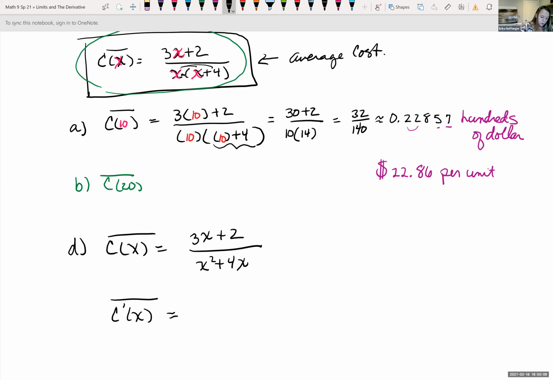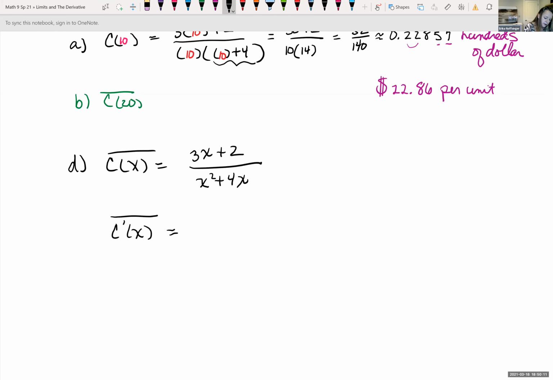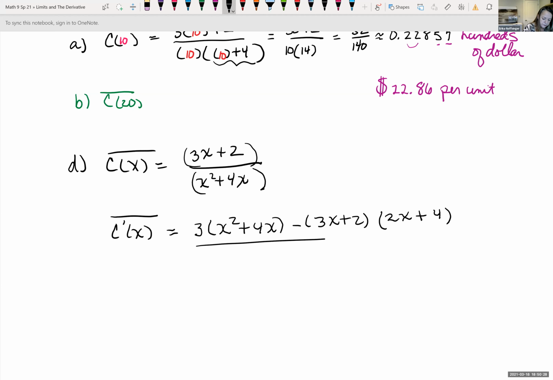We're going to use our quotient rule. So the derivative of the numerator, 3x plus 2, is just 3, all times the denominator, x squared plus 4x, minus the numerator, 3x plus 2, times the derivative of this denominator. So derivative of x squared is 2x, plus the derivative of 4x is 4, all over the denominator squared, x squared plus 4x, quantity squared.